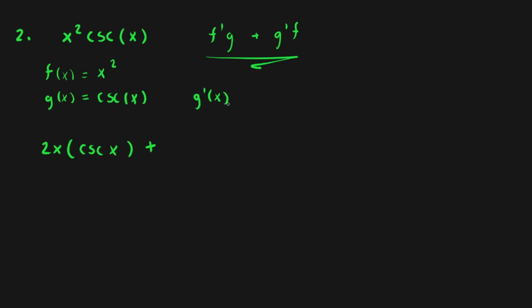If you memorized the derivatives of trig functions, you should know the derivative of cosecant is negative cotangent x cosecant x. So that's g prime in this case. So we're going to add this to negative cotangent x times cosecant x, and then f is just x squared.